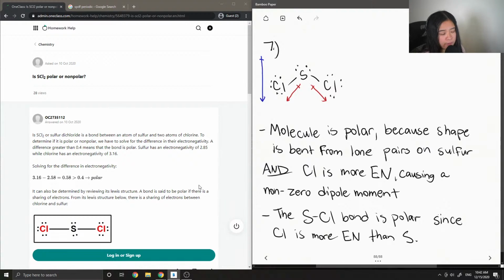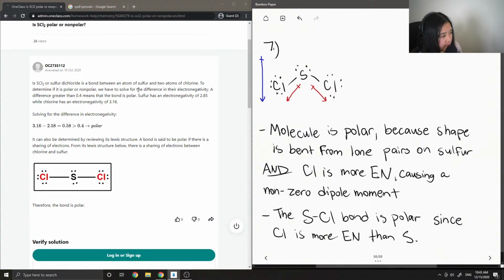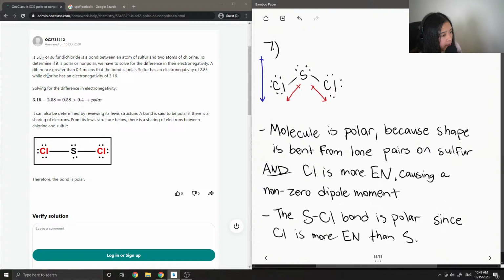Okay, so let's see what the junior tutor said. Sulfur dichloride is a bond between an atom of sulfur and two atoms of chlorine. To determine if it is polar or nonpolar, we have to solve for the difference in their electronegativity. A difference greater than 0.4 means that the bond is polar.